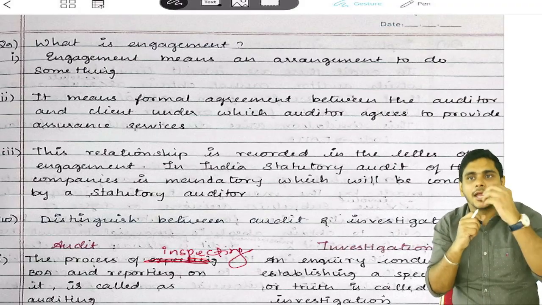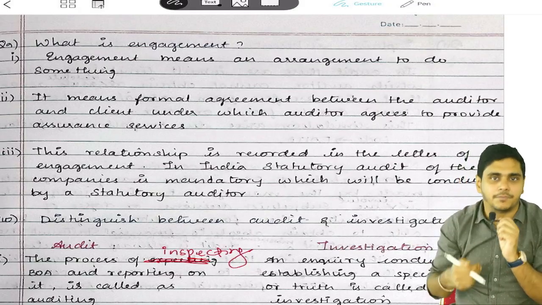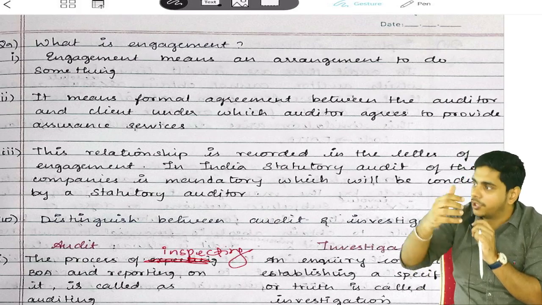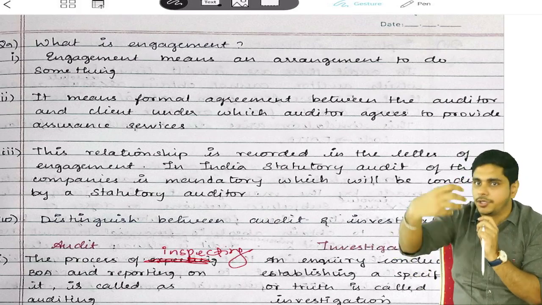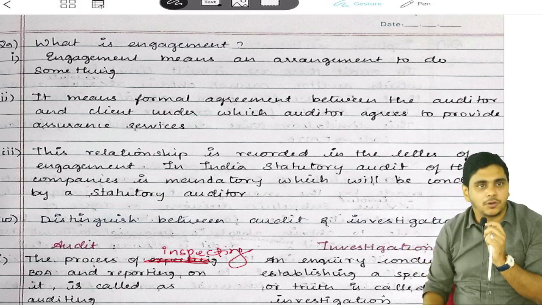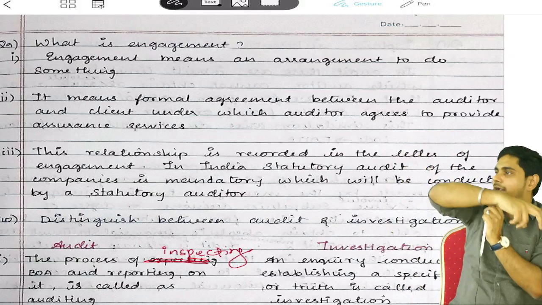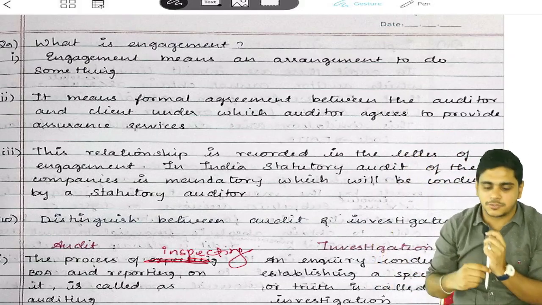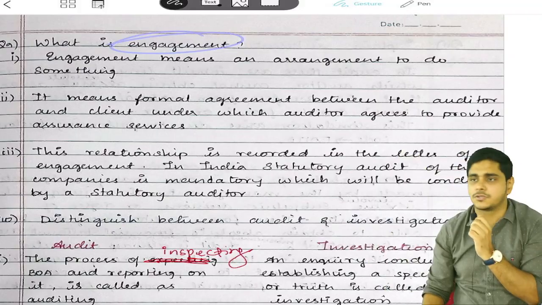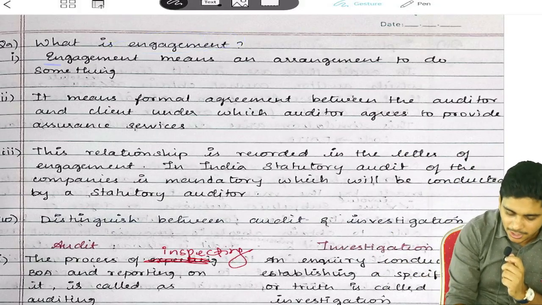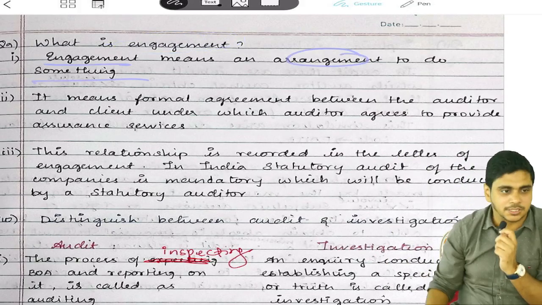Okay? Engagement basically means you are appointing somebody. If a company or management has appointed you, they are engaging you as the auditor. So the relationship between client and the auditor is called what? Engagement. So engagement means an arrangement to do something.